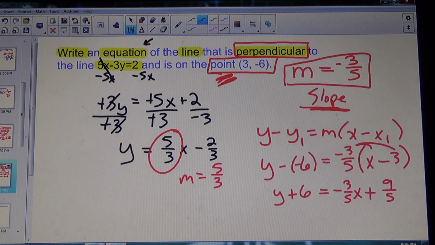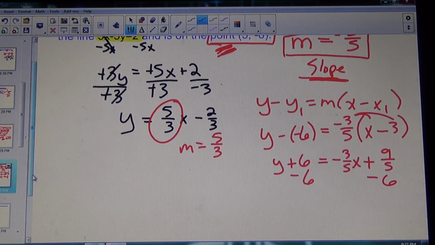And again, I got to get y by itself. So using algebra I would minus 6. And in my calculator I would then take a -6 plus a 9 divided by 5, which gives me -4.2. So y equals -3/5 x minus 4.2.